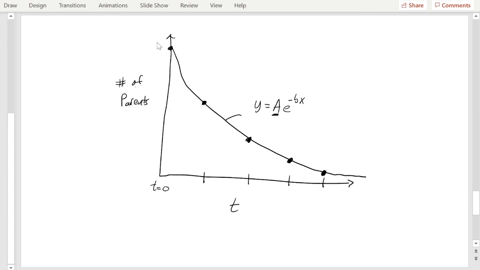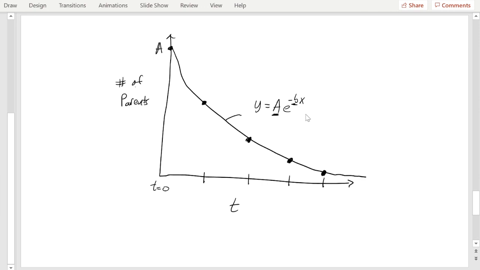So a would be the total amount that you start with. And then b is related to your half-life. So when you fit this curve, b is not your half-life, but b is related to your half-life.